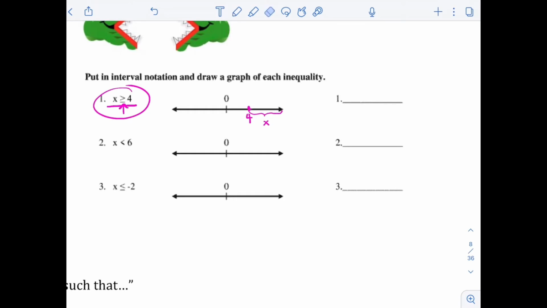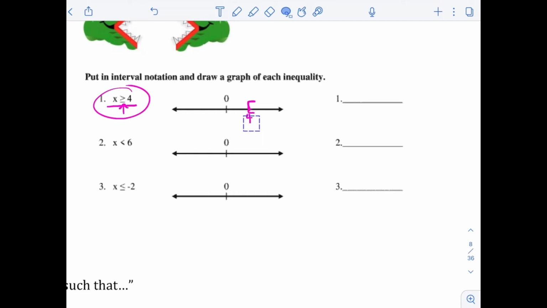So that being said, you're going to put a bracket because 4 is included. And I put the bracket to face the right side of 4, because it's greater.